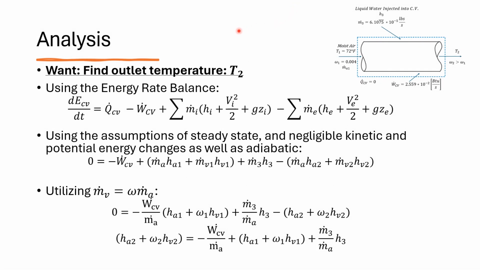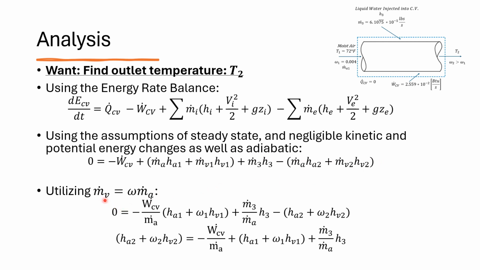The third and final step of our analysis is to find the outlet temperature, T2, coming out of the humidifier. To do that, we're going to use the energy rate balance equation, the generalized form here. Using the assumptions of steady state, negligible kinetic and potential energy changes, and an adiabatic process, we can simplify it down to this simple equation right here.